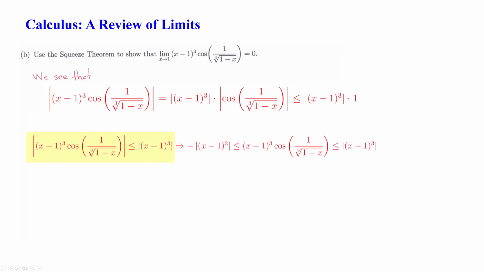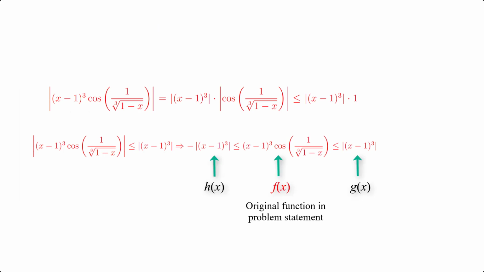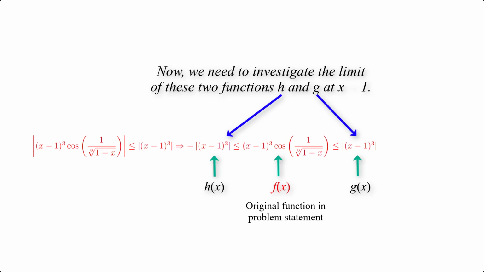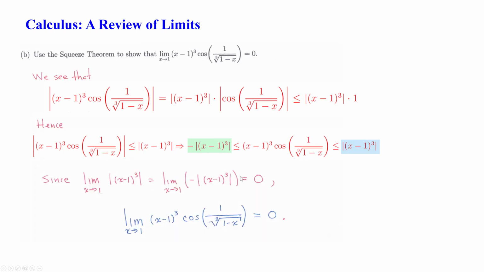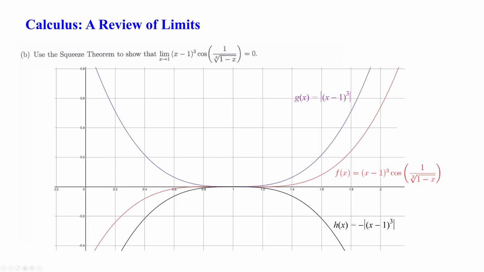The original function is less than or equal to this, and bigger than or equal to the negative of the same thing. Where do these two functions go as x goes to 1? They both go to 0. Therefore, this limit is 0 by the squeeze theorem.